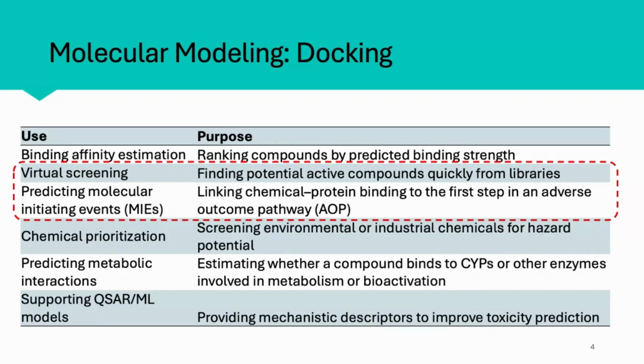They can be used to inform QSARs, which we've heard about previously, also predict metabolic interactions. And they're also useful in being able to predict molecular initiating events for AOPs. Shown highlighted in here or bounded in red are two of the areas that are going to be illustrated in the case study today.